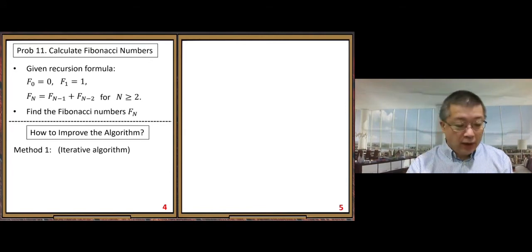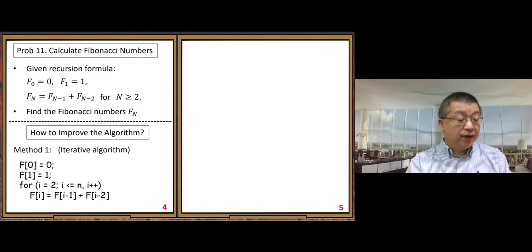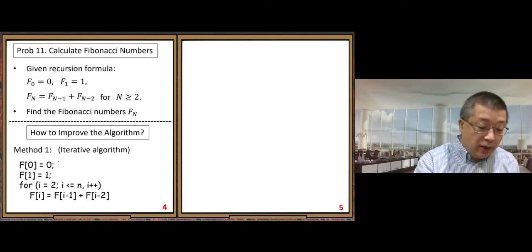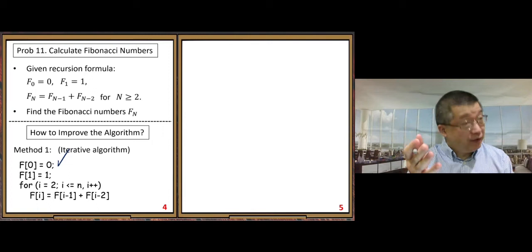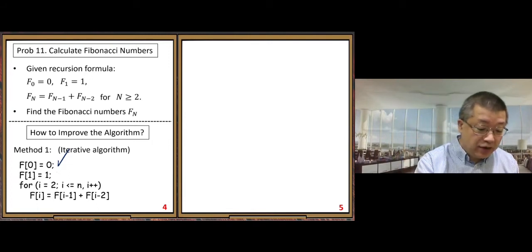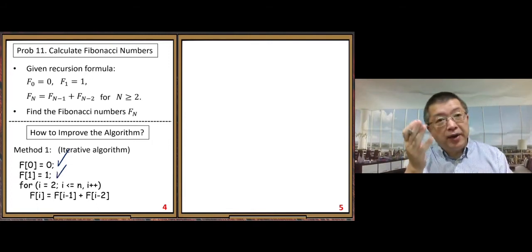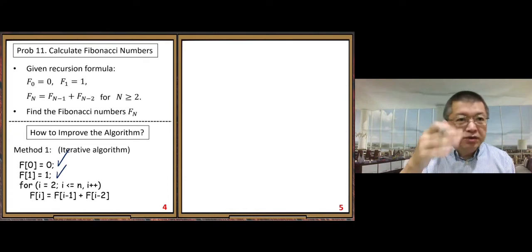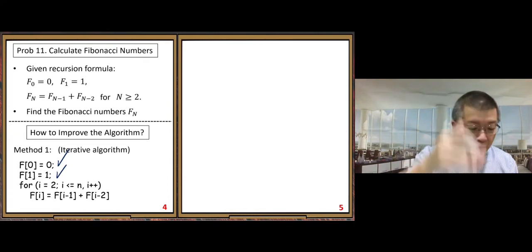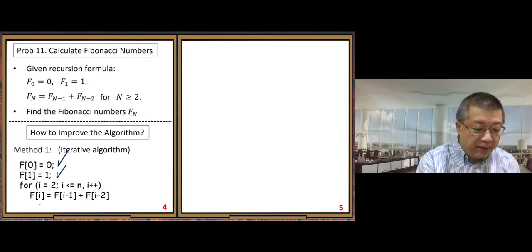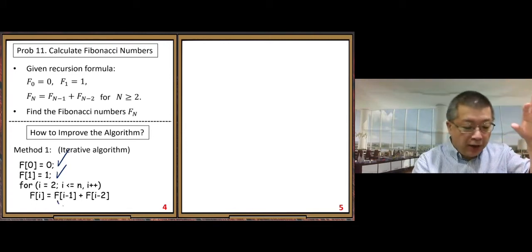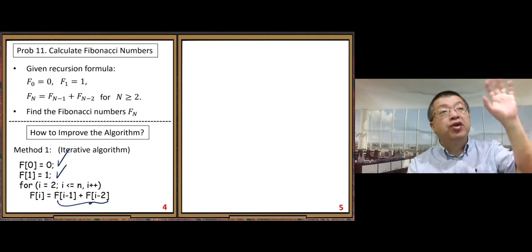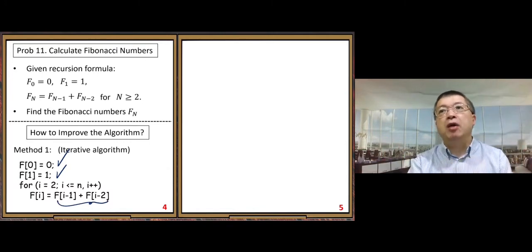For example, to write the code, we set the F array's first element and second element. After that, we use a for loop. In the for loop, we calculate the current Fibonacci number as the sum of the previous 2 Fibonacci numbers.